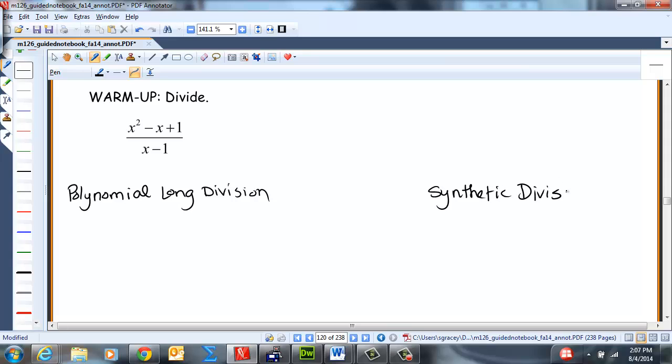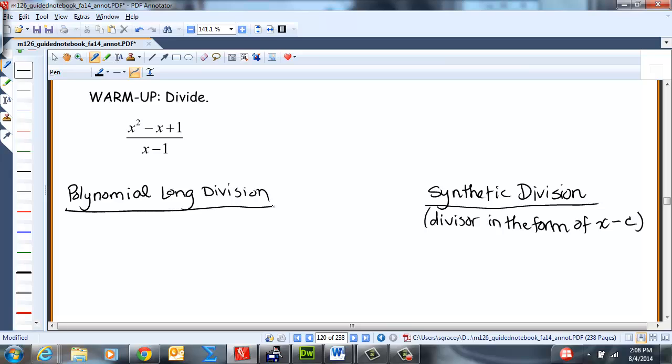Synthetic division only works if you have a divisor in the form of x minus c. Polynomial long division you can use with any type of divisor.